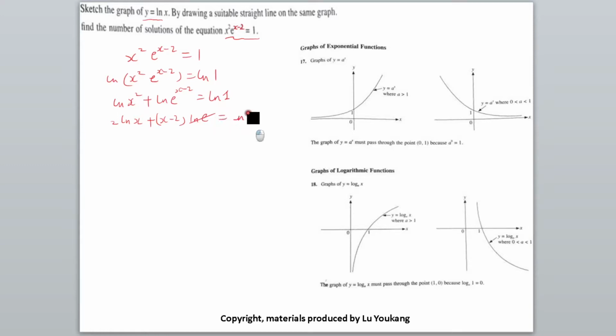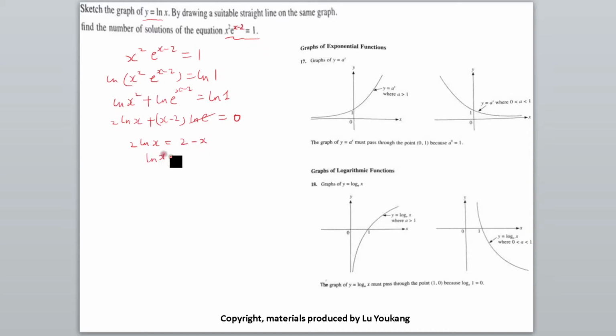And ln 1, if you take out your calculator, you should get 0. So now let me divide by 2 on both sides. Or if you do not want to divide by 2 on both sides, you can simply bring your x minus 2 to the other side.